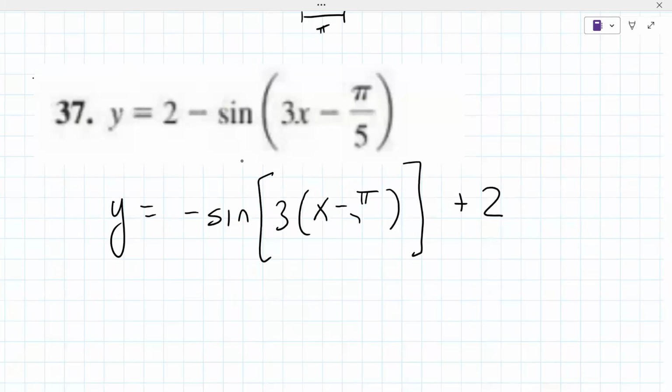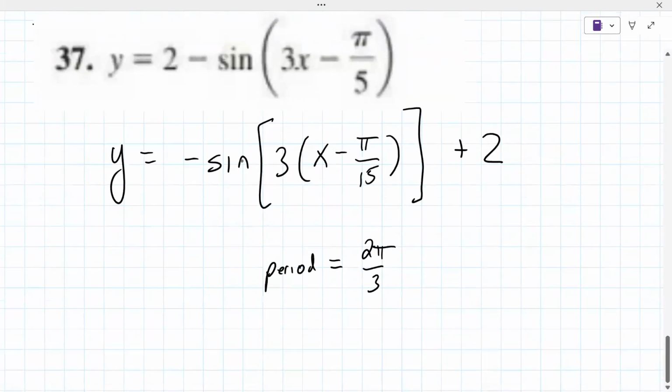X minus pi over 15. All right, yeah. So could you give me the period for this one? 2 pi over 3.